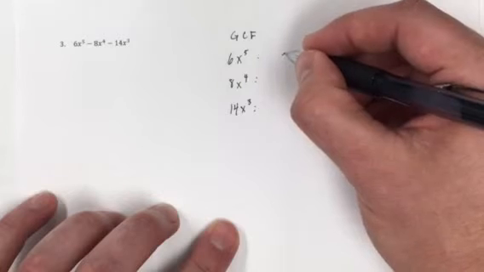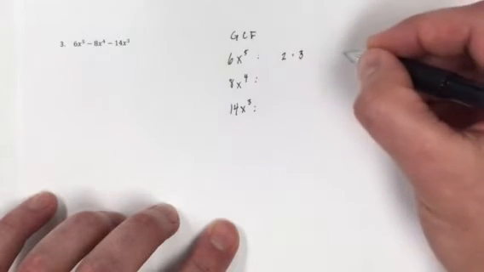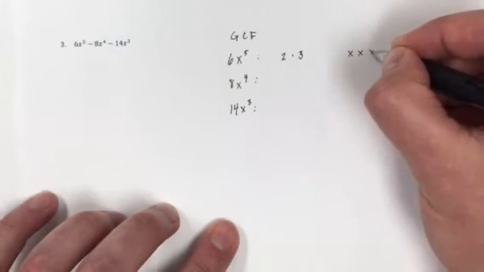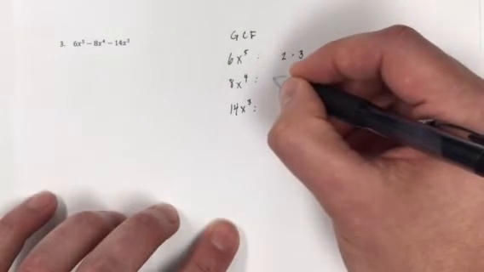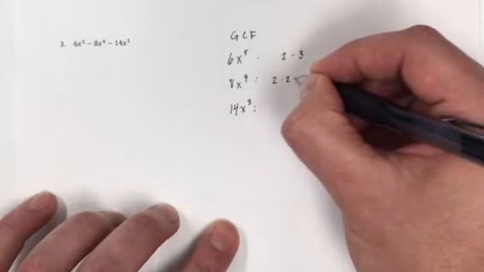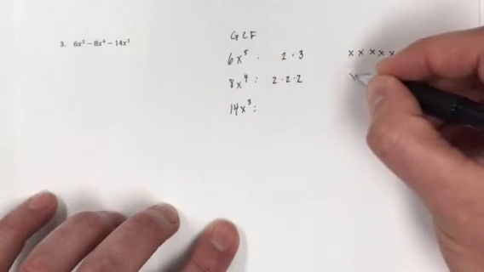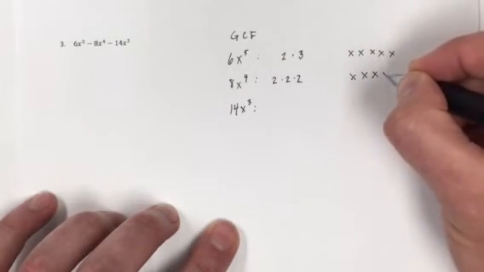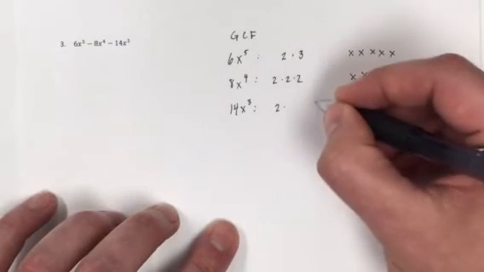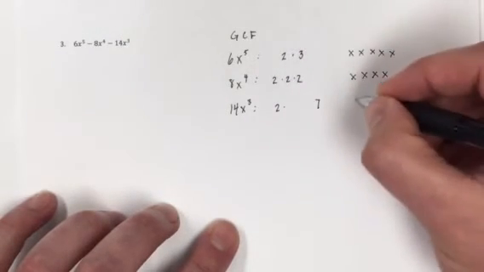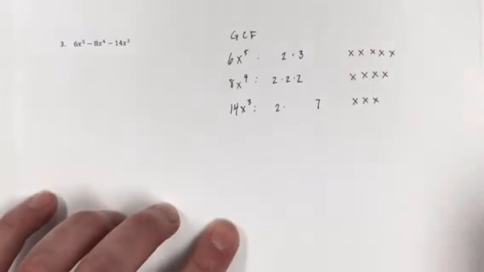So I notice I have a 2 times 3, x times x times x times x times x. 8 is going to be 2 times 2 times 2 with 4 x's. And this is 2 times 7 with 3 x's.